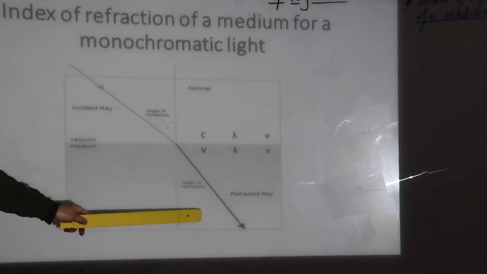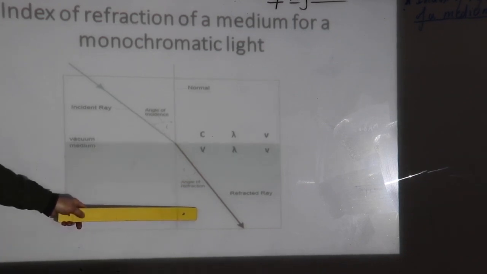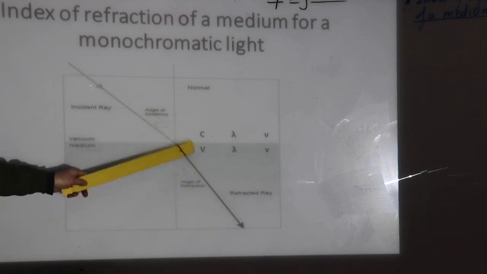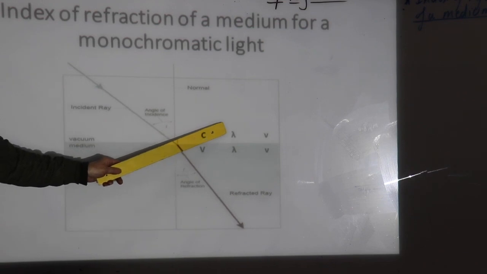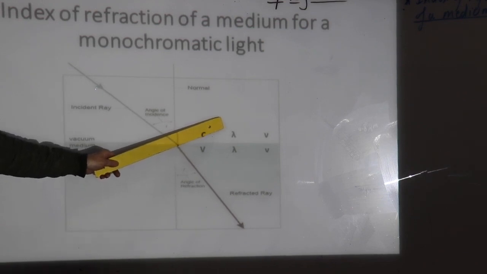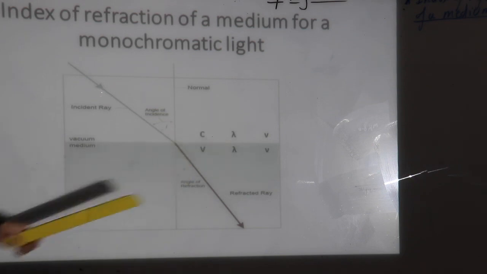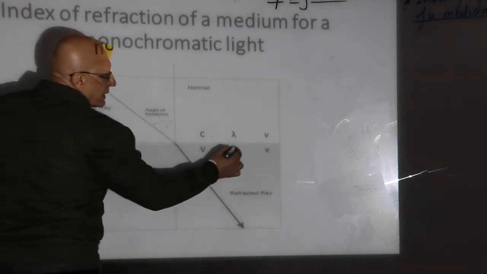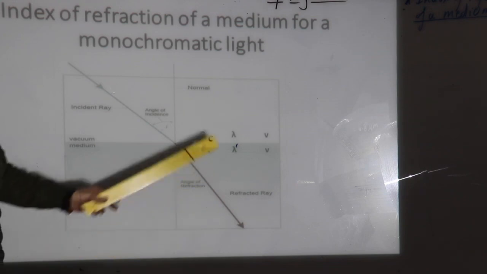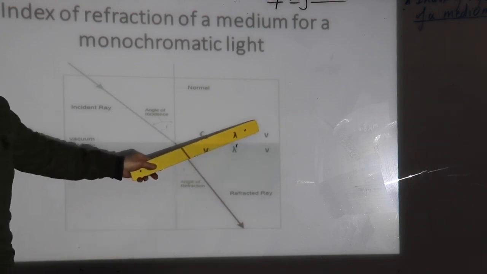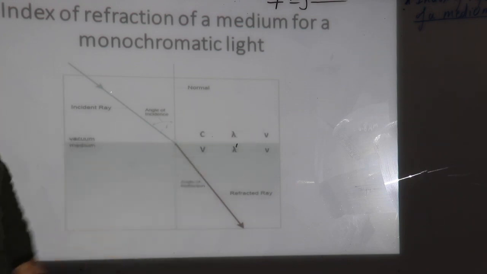When it passes to another, refractive medium, its speed will change, as we said, because the speed depends on the medium. Also, its wavelength changes. It is here lambda, it becomes lambda prime. Okay, lambda depends on the medium. And finally, the frequency remains constant.